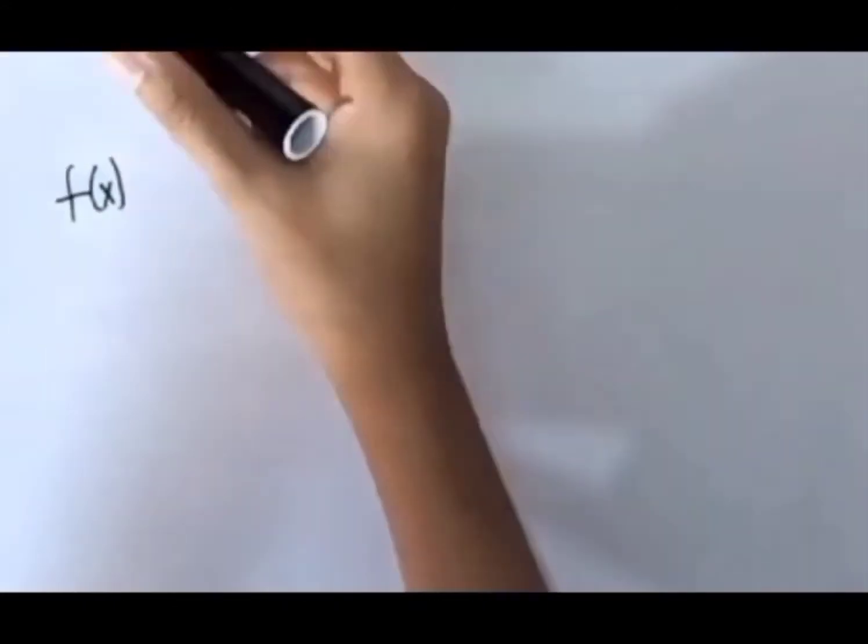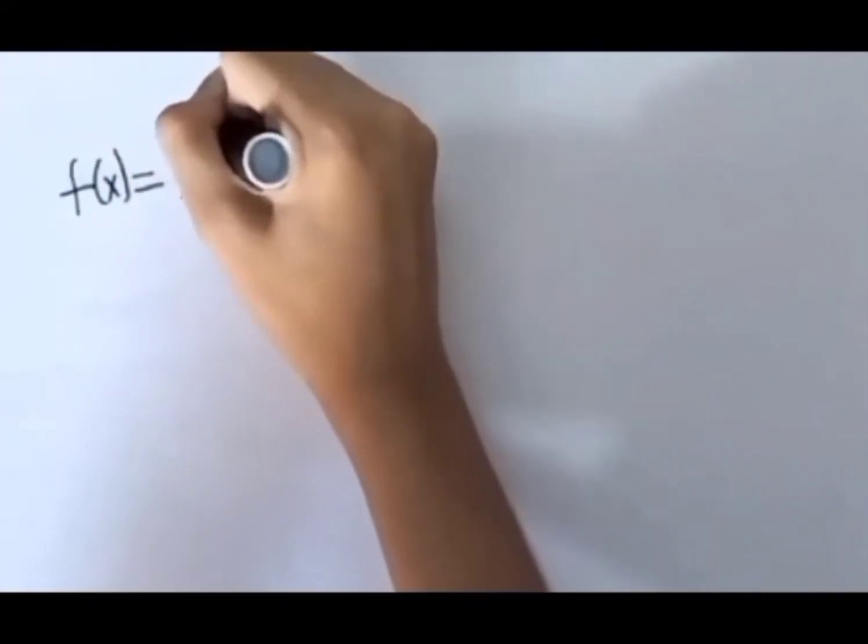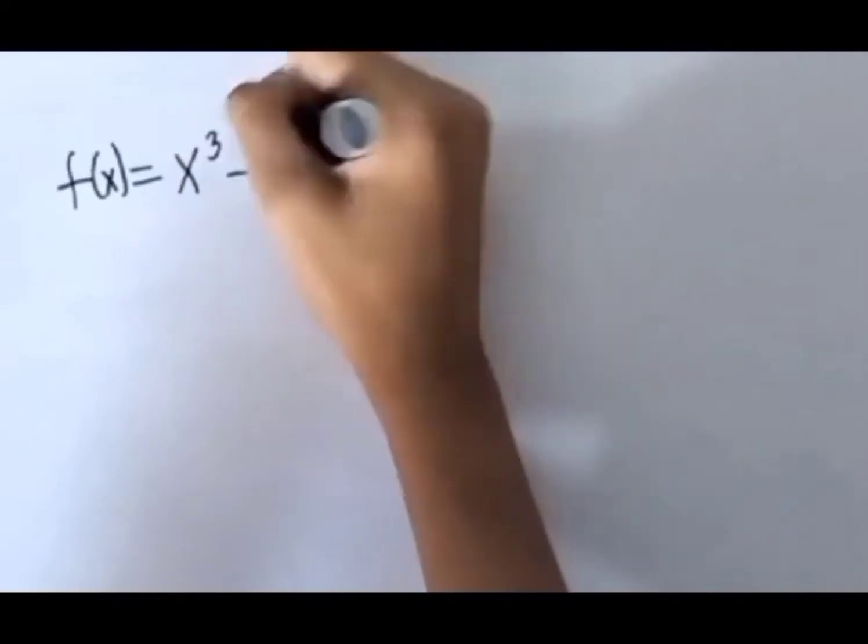Now, let's try this example number 3. So, f of x equal x cubed minus 1. Go ahead and find the inverse function. So, once again, the first step is to replace the f of x with y.